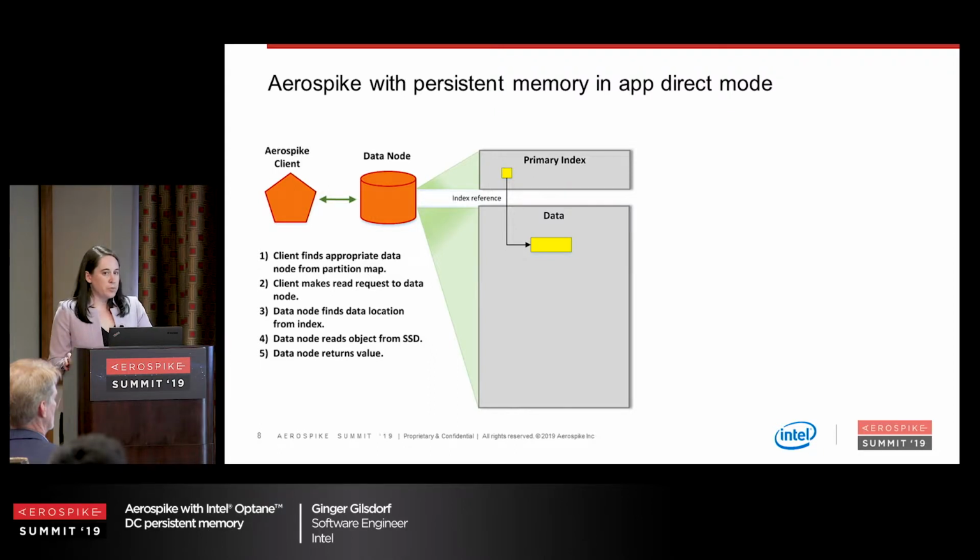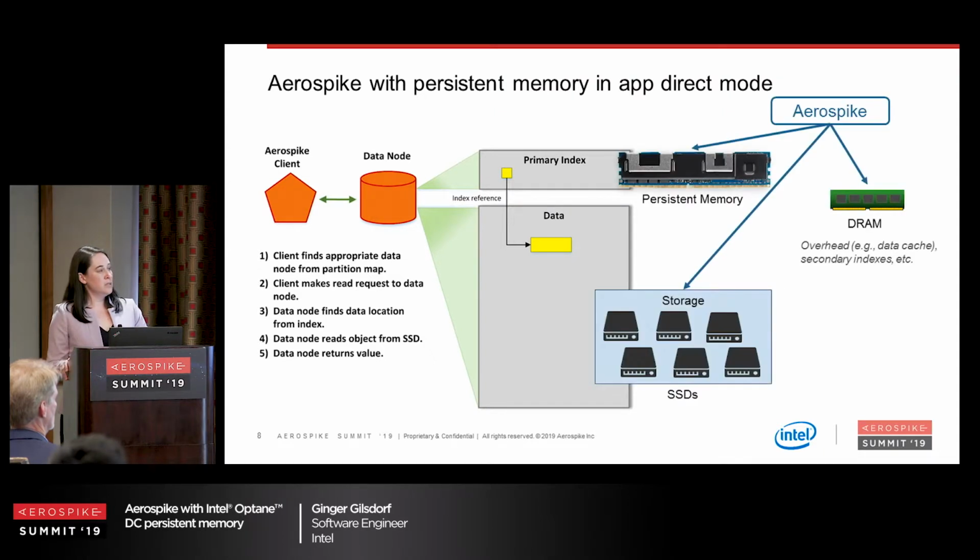Aerospike's original implementation was to put that in DRAM for speed. It makes a lot of sense. Now that we have persistent memory, let's put the index in persistent memory. How many of you hate restarting Aerospike or restarting a server because of those indices? They can take a very, very long time to rebuild because they have resided in DRAM.